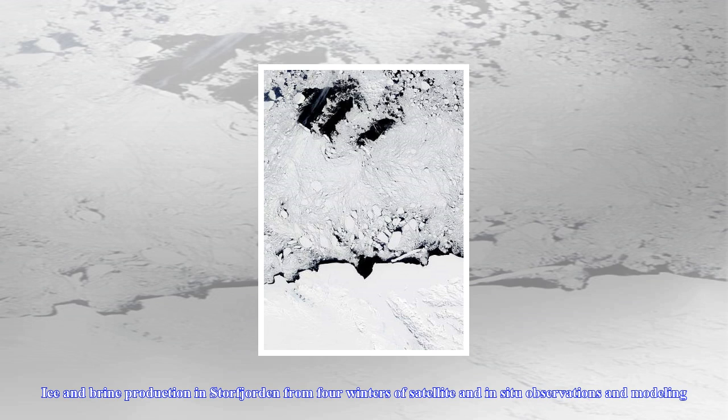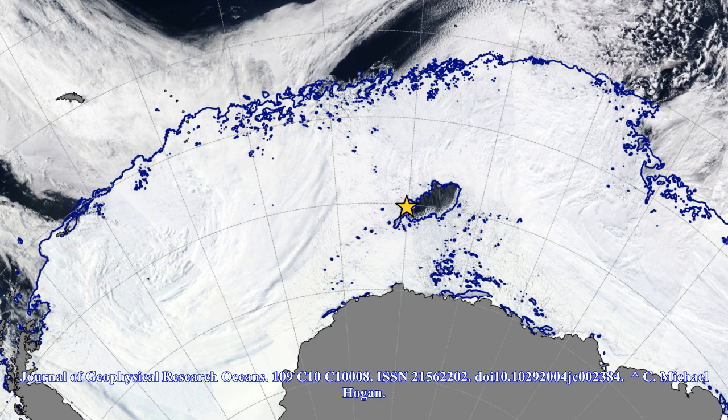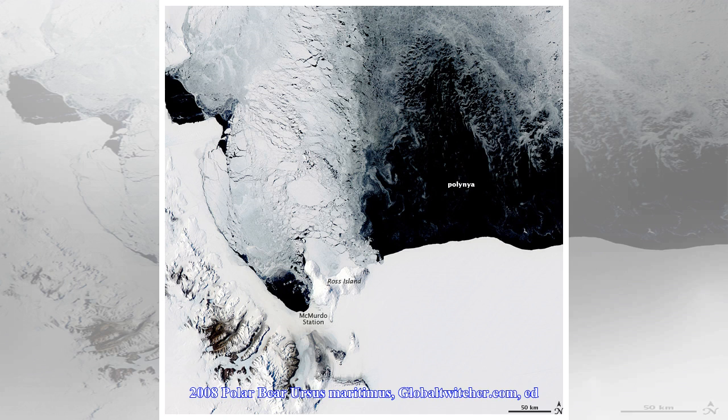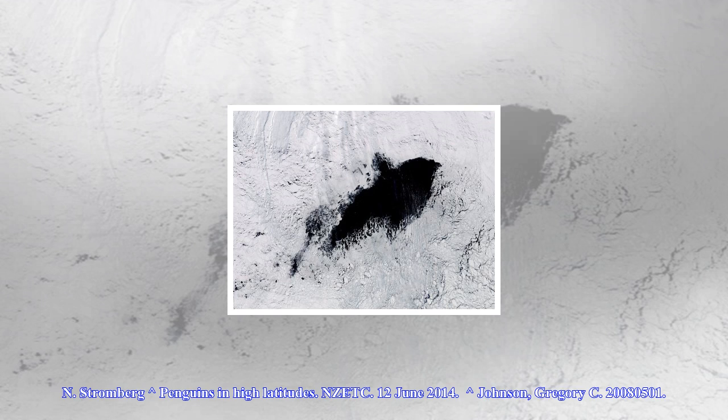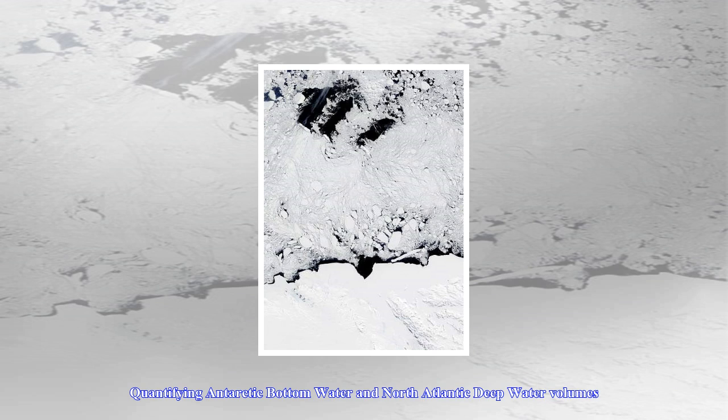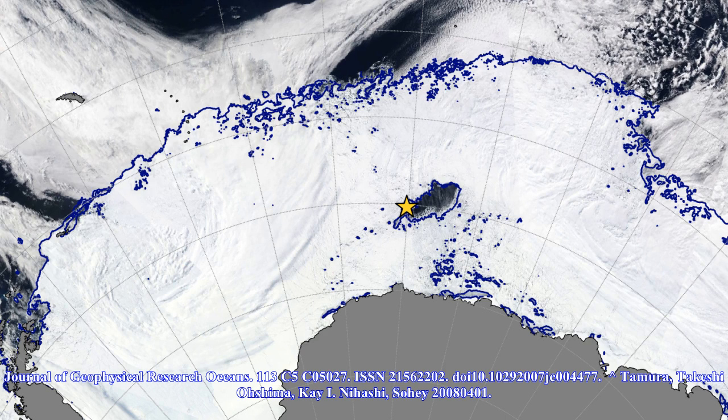Journal of Geophysical Research: Oceans, 109(C10), C10008. doi:10.1029/2004JC002384. C. Michael Hogan, 2008. Polar Bear (Ursus maritimus). Globaltwitcher.com, ed. N. Stromberg. Penguins in high latitudes, NZETC. Johnson, Gregory C., 2008. Quantifying Antarctic bottom water and North Atlantic deep water volumes.